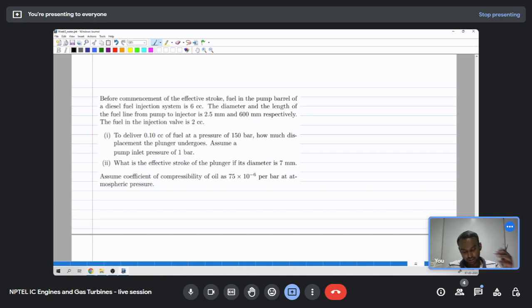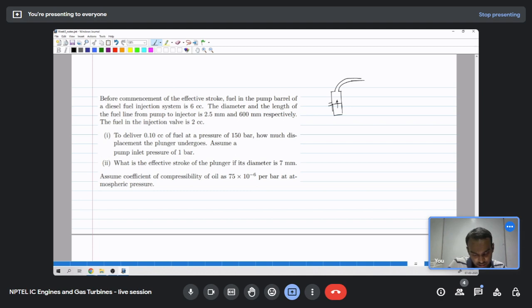The compressibility of the diesel oil is given, that is 75 into 10 power minus 6 per bar at atmospheric pressure. So we have the pump, and then there is a plunger which is commencing to pump the fuel, like the effective stroke is starting now.